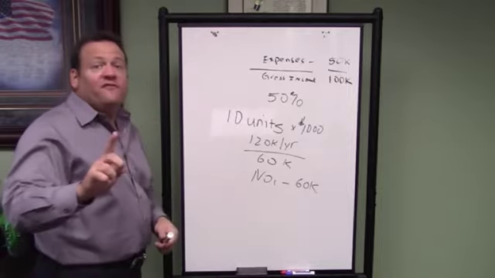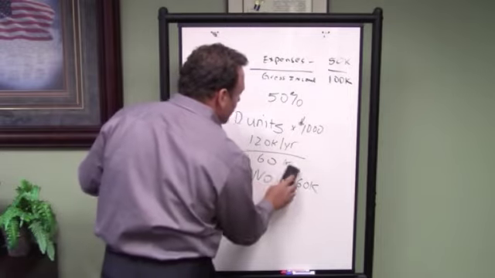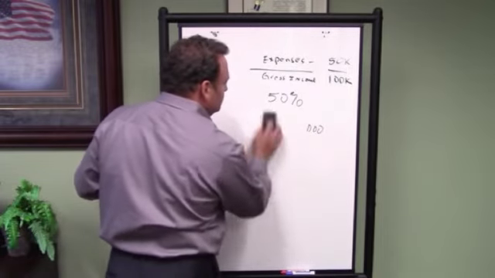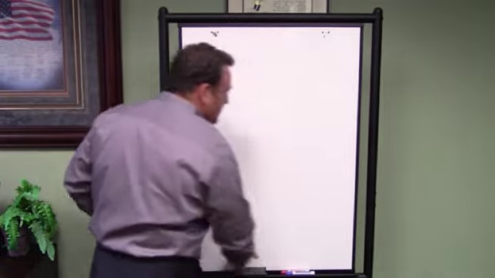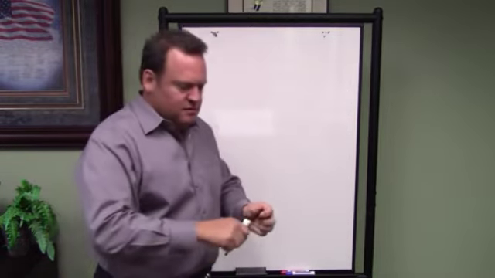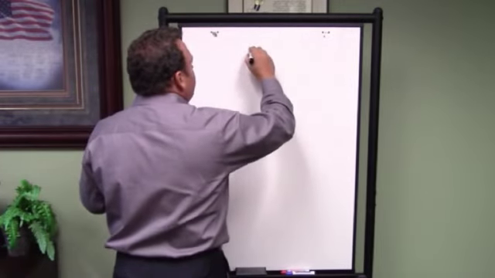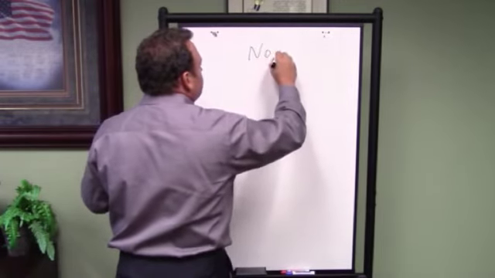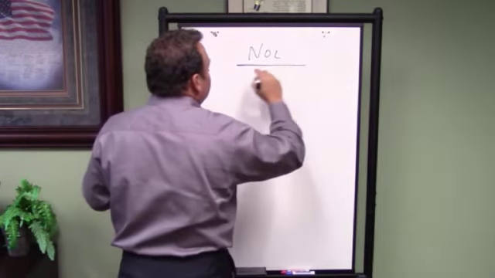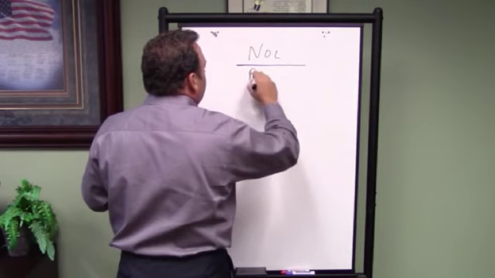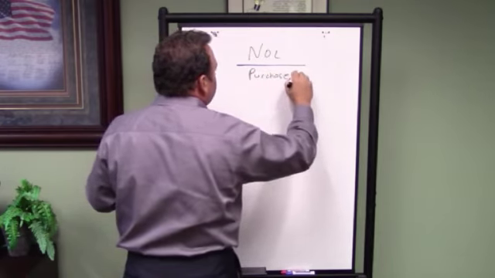Now, we can figure out the value of the building in the same way, which I'm going to show you in just a moment. So, if we take the net operating income, and we divide that by purchase price or asking price or offer price, whatever number you want to plug in there.